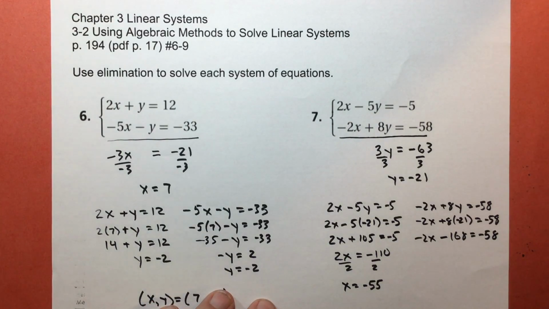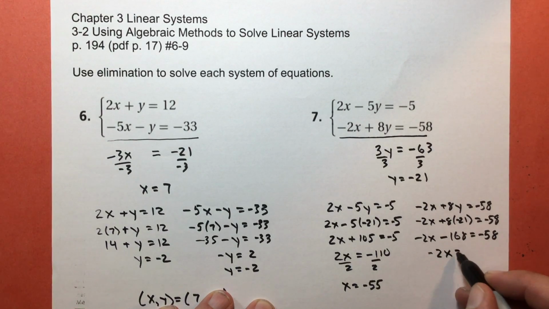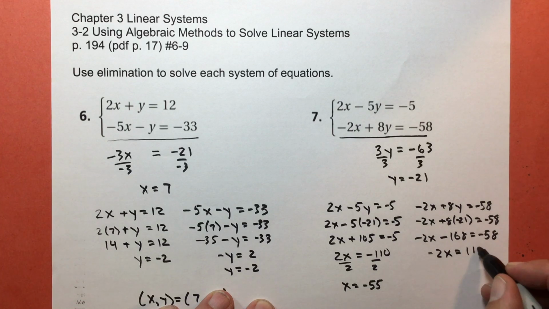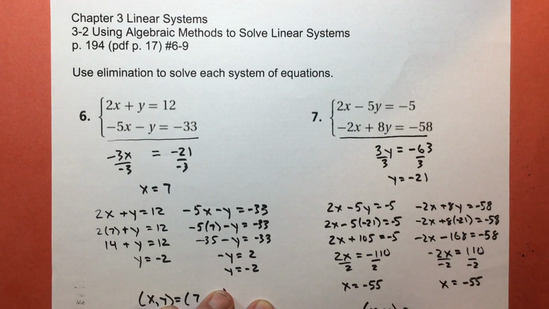I'm going to add 168 to both sides, and I get negative 2x equals positive 110. Divide both sides by negative 2, and I still get x equals negative 55. So my solution, x, y, equals negative 55, negative 21.